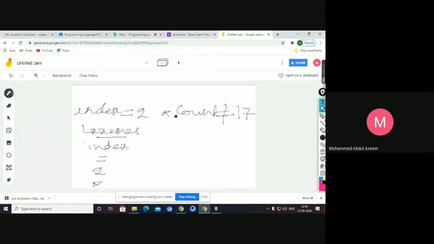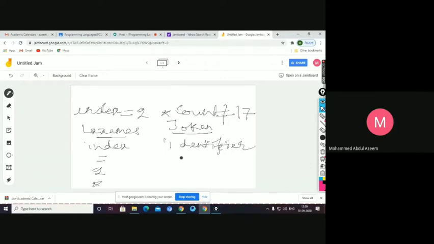Now, what do you mean by token? A token is a group or category of lexemes. So a category of lexemes we call a token. Index belongs to which category? Identifier, right? So the token of index is identifier.